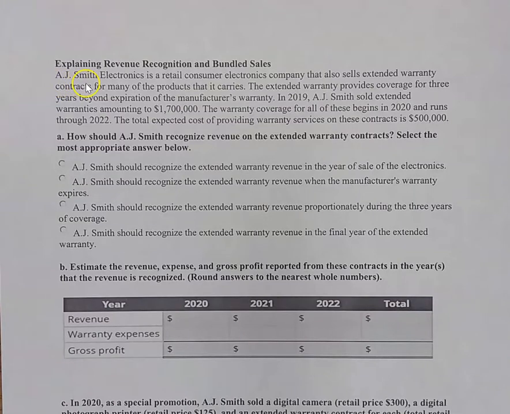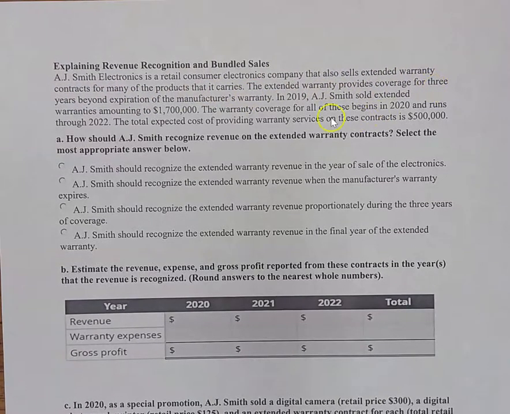AJ Smith Electronics is a retail consumer electronics company that also sells extended warranty contracts for many of the products that it carries. The extended warranty provides coverage for 3 years beyond the expiration of the manufacturer's warranty.